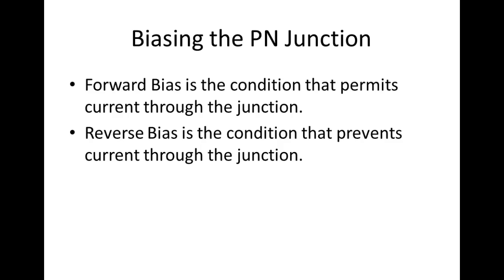Reverse bias: this acts like an open switch. It prevents current flow through the junction. Is there current flow through the diode? Yes, there's a path through there. Is there current flow in an insulator? Yes.